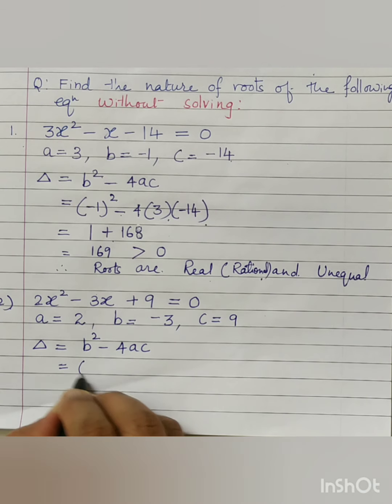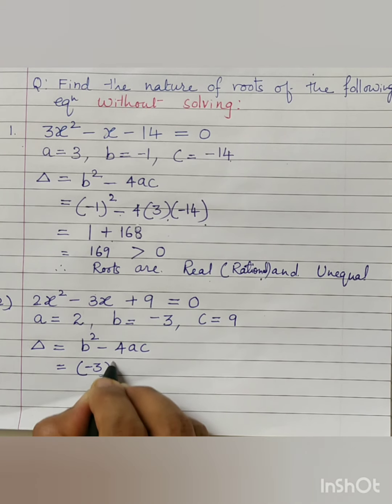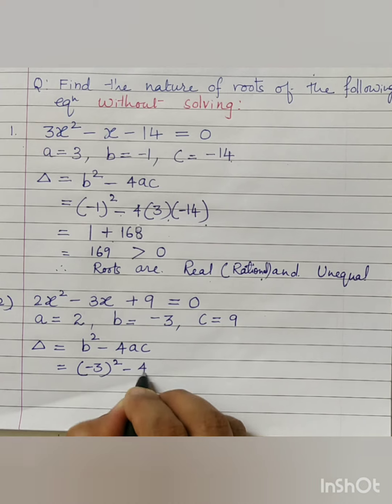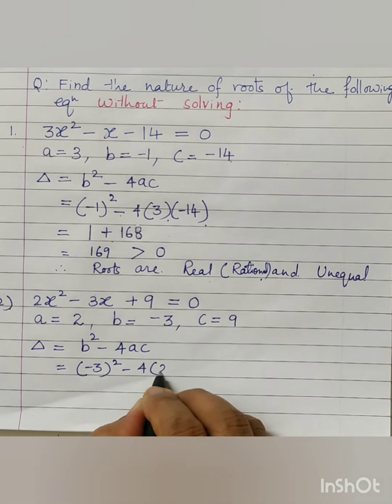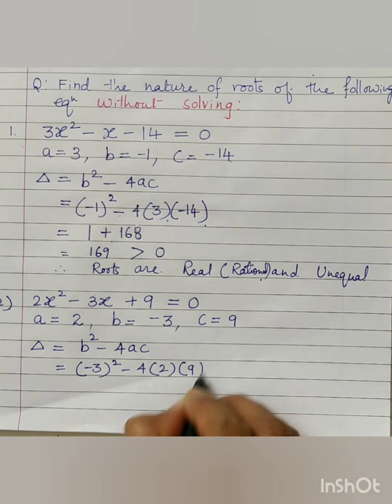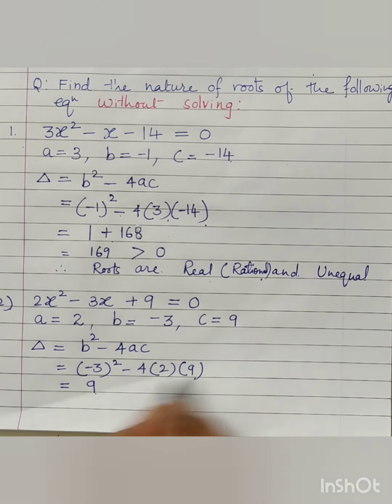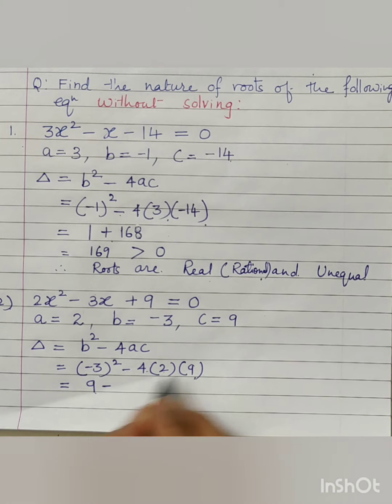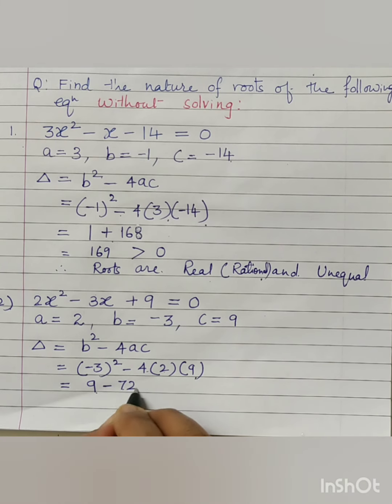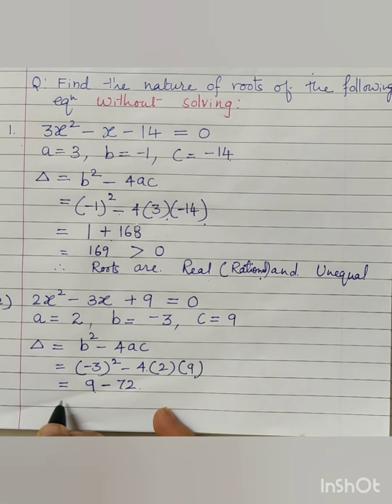Substitute the values. Minus 3 square minus 4 into 2 into 9. Minus 3 square is what? 9. Minus 8 9s are 72.